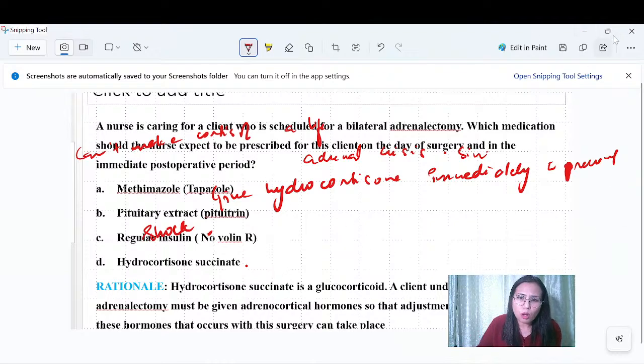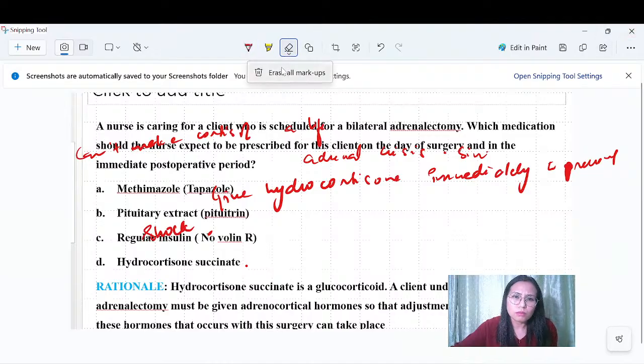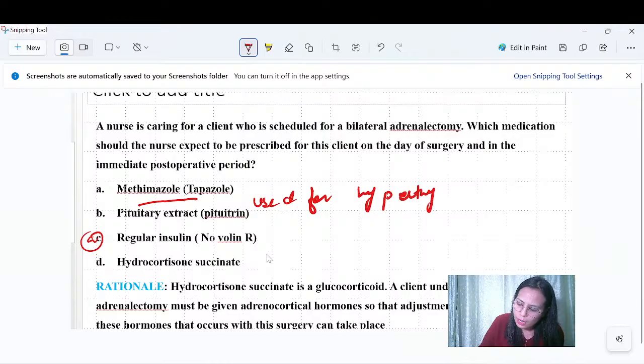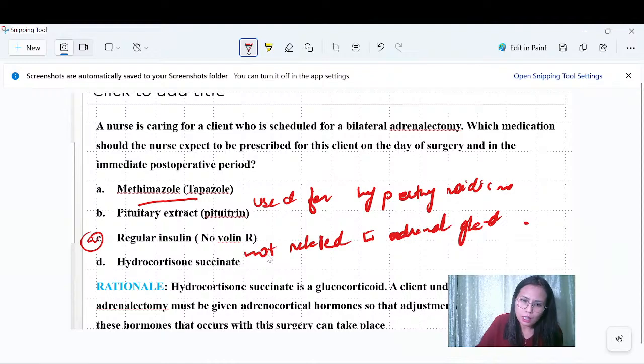While the other options are wrong, the first option is methimazole. Okay, methimazole is used for hyperthyroidism, not related to the adrenal gland.